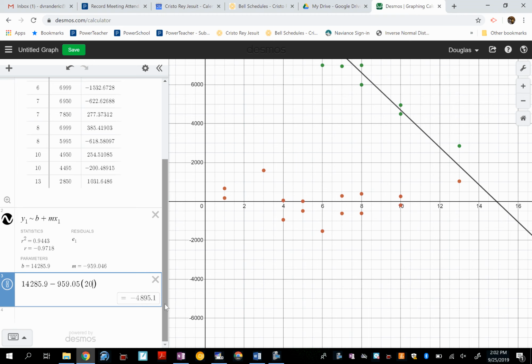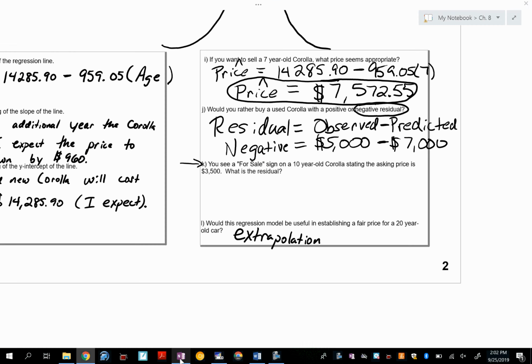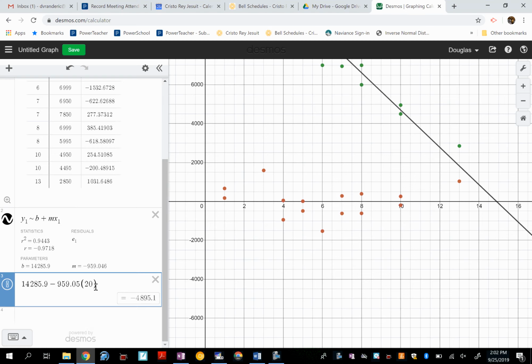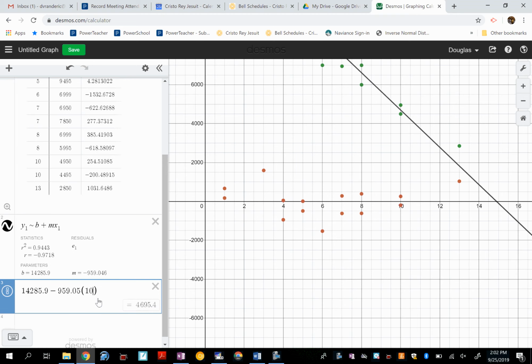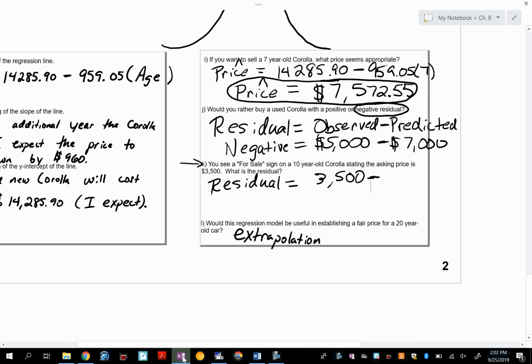Now, because Catherine gave me such grief with K, let's go ahead and do it. It says, what is the residual? So I'm using the same formula, observed minus predicted. What is the observed price on this one, a for sale sign on a 10-year-old Corolla? $3,500 is what I'm observing. What's the model predicting for a 10-year-old Corolla? The model predicts $4,695 and 40 cents.